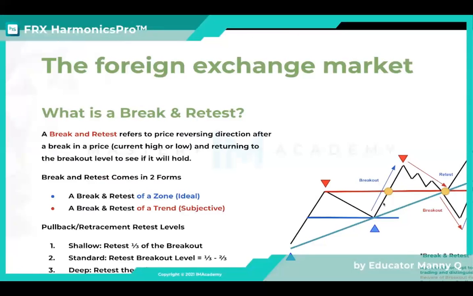Now, coming back to the diagram right over here, let's take a look. Remember, the black line represents price. We can see that the price goes from swing low to swing high, creating our pivots. And from here, the market pulls back down, creating a higher low, basically establishing a potential trend inside of the market. So that green line is the trend.